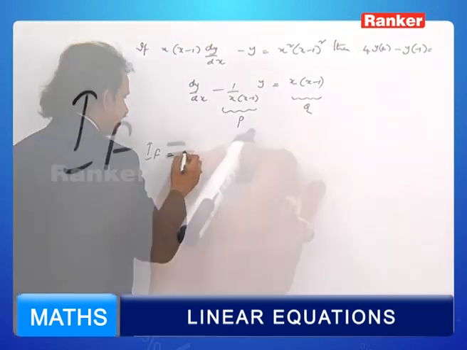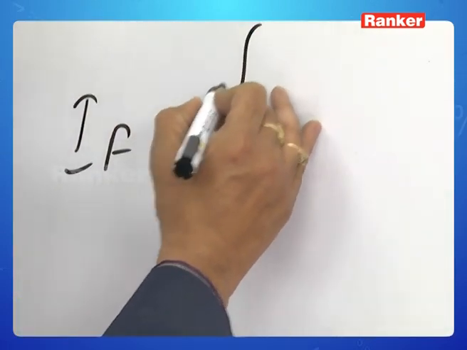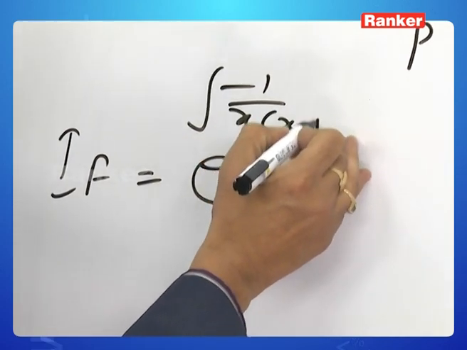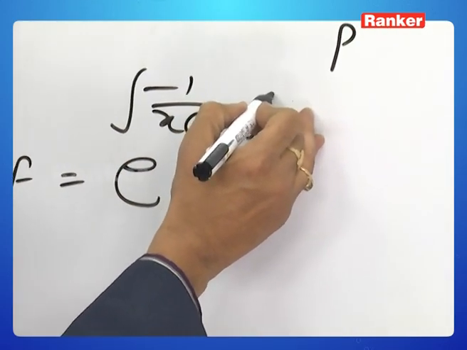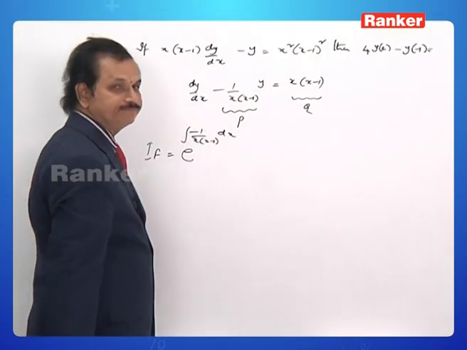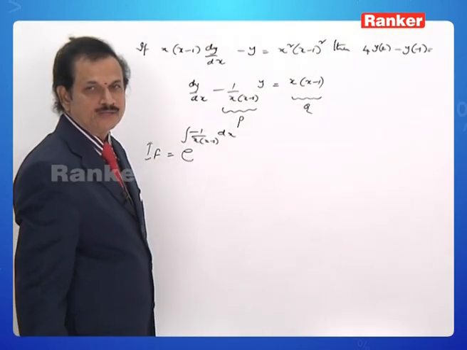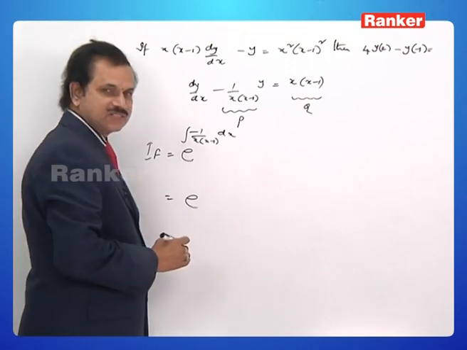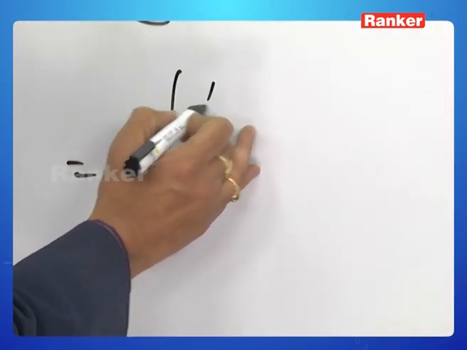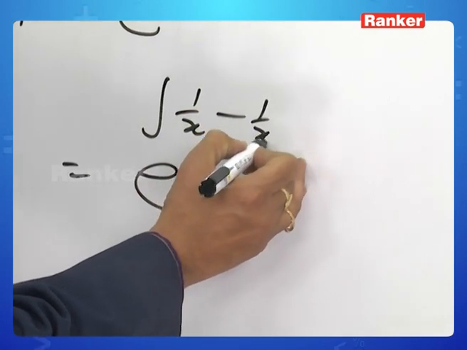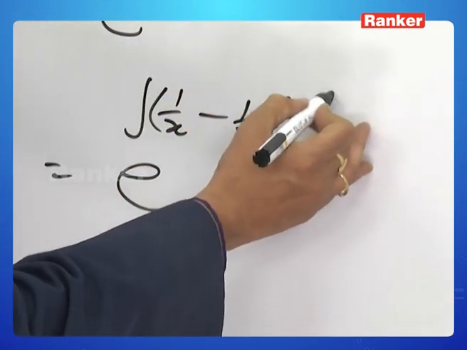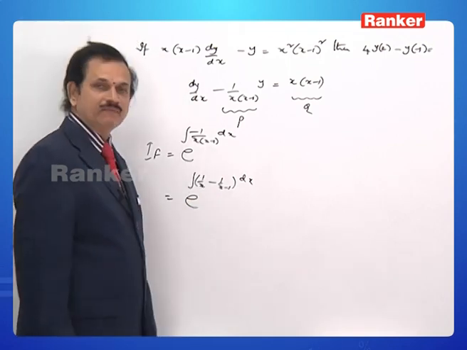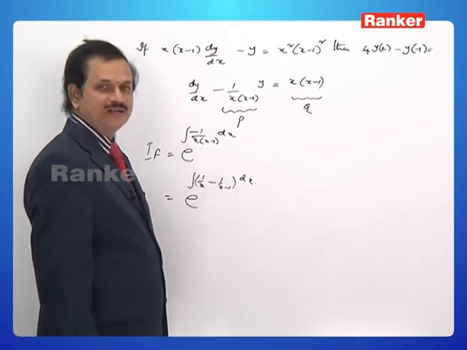What is the integrating factor? e to the power integral P dx, that is integral of −1/(x(x−1)) dx. By partial fractions it can be written as 1/x − 1/(x−1). You can easily follow it: (x−1) − x is −1 over x(x−1).